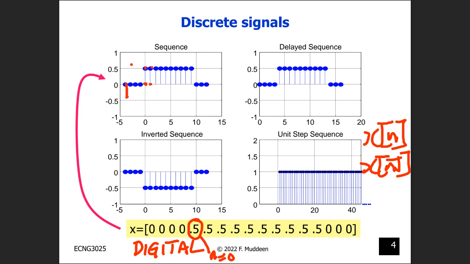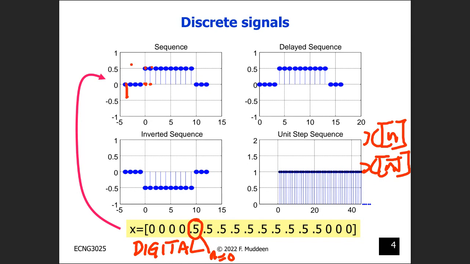And of course, we can delay the sequence. You remember in signals, we can delay something. So if I have x(t), I could delay it by 2, which is x(t minus 2). Note that 2 minus t is to flip it around.